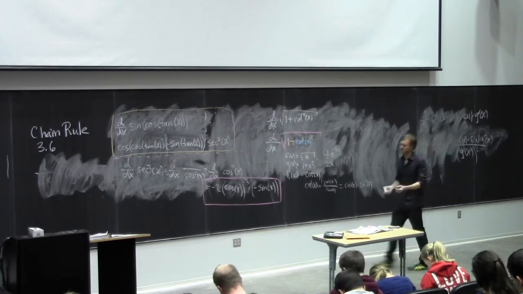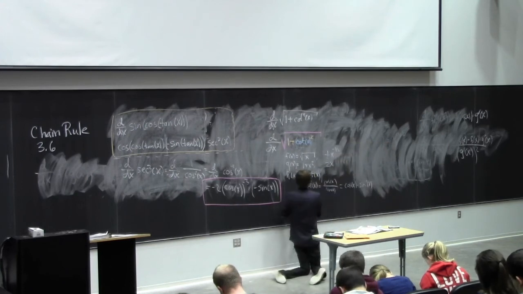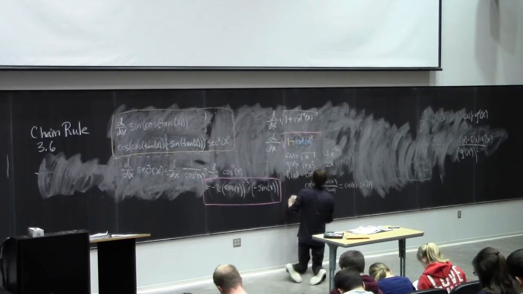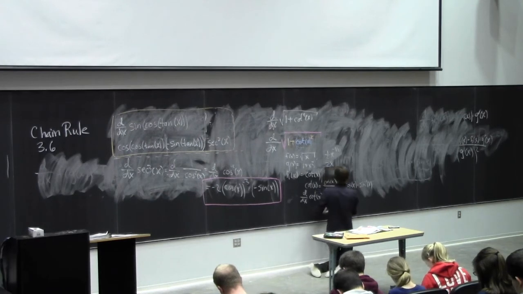And so the derivative of cotangent, d over dx of cotangent of x is going to be equal to, I'm going to use the product rule. So the derivative of cosine is minus sine of x times sine inverse of x.